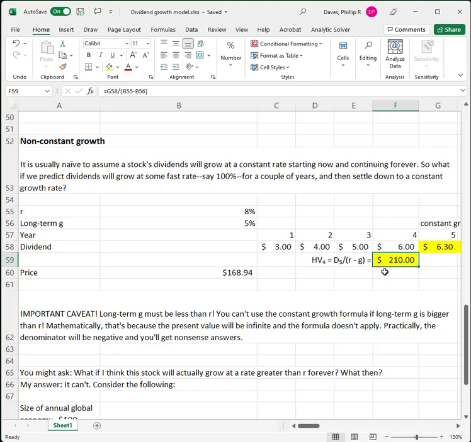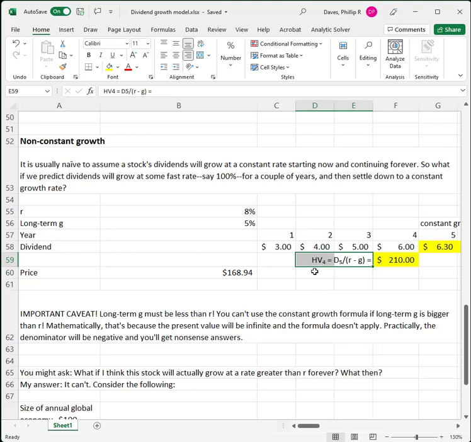So let's talk about that for a second. Non-constant growth: we've got high growth rates here in years 1 through 4, and constant growth at a low growth rate in year 5 and forever after. Well, what that means is that the horizon value, or the value of all of the cash flows in yellow, years 5 forever and ever after that, is given by the constant growth formula.